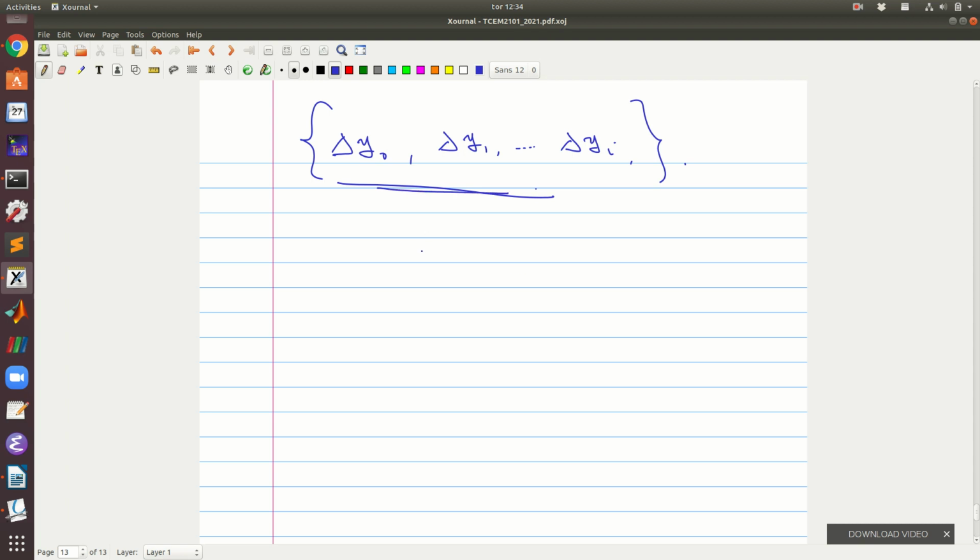Then the second forward difference at xi is simply going to be the first forward difference of this first forward difference.